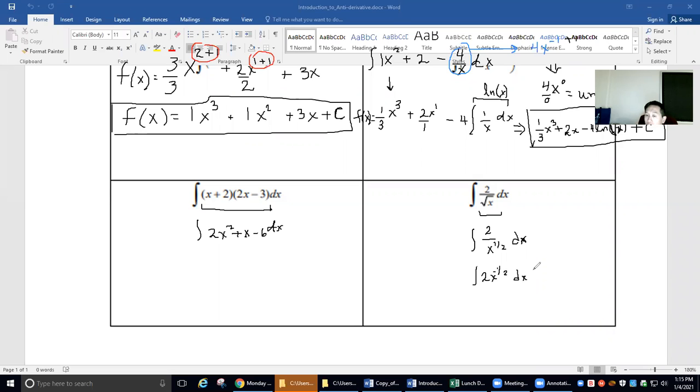Now, we're going to do the exact same thing. We're going to add 1 to the exponent when we take the antiderivative, and then divide the coefficient by the new exponent. So what do I get when I add 1 to negative 1/2?